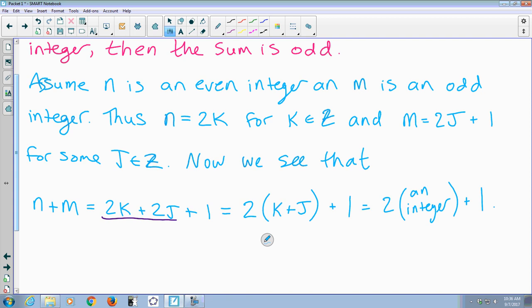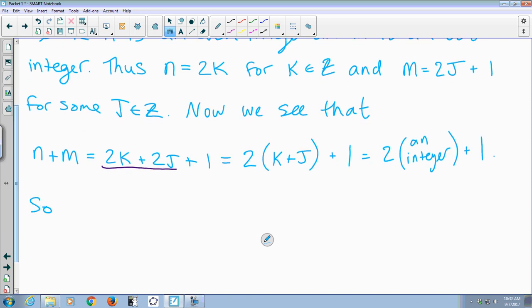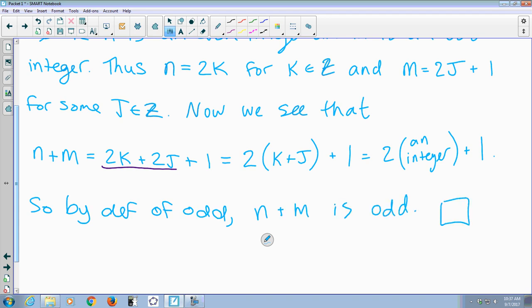Okay. So by the definition of odd, n plus m is odd. And once you prove it, do the little box with a check mark. Done.